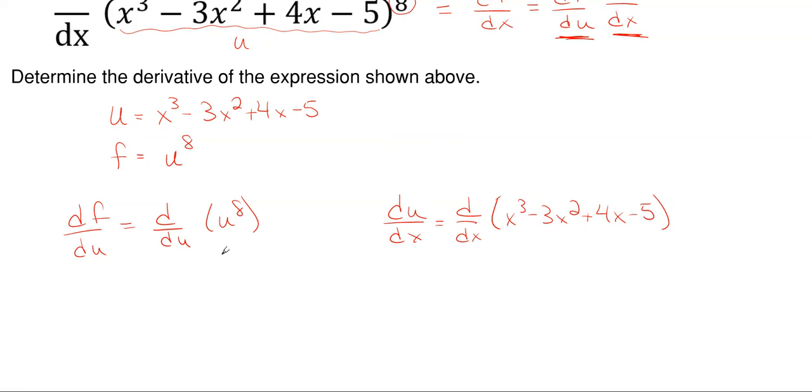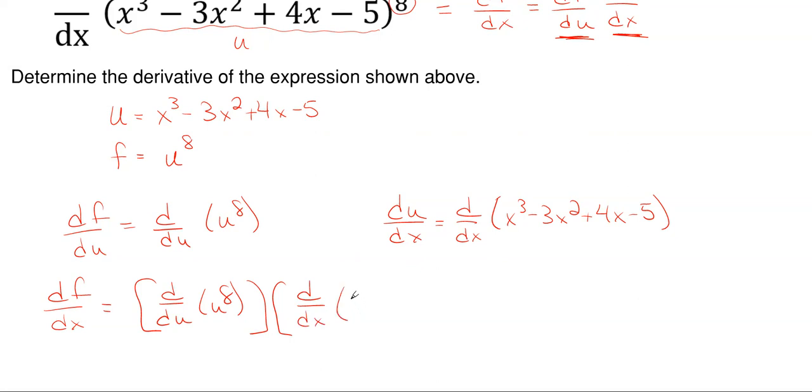So let's go ahead and plug all of these into my expression up here, which is my total derivative is equal to my first part, df du, which is d du of u to the power of 8, and then that is multiplied by my second one, which is d dx of x cubed minus 3x squared plus 4x minus 5.